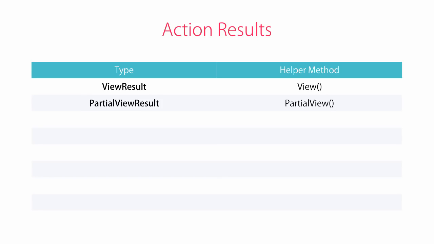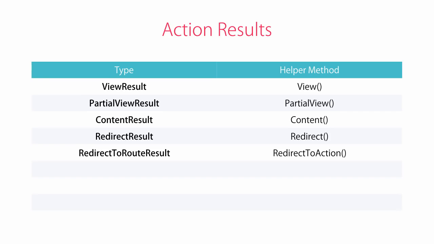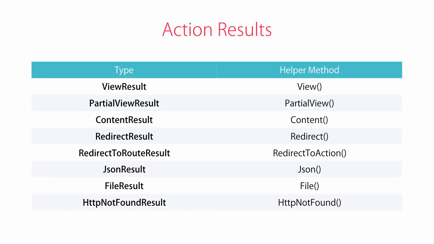We have partial view result to return a partial view, content result to return simple text, redirect result to redirect the user to a URL, redirect to route result to redirect to an action instead of a URL, JSON result to return a serialized JSON object, file result to return a file, HTTP not found result to return a not found or 404 error, and empty result, which is used when an action doesn't need to return any values, like void.